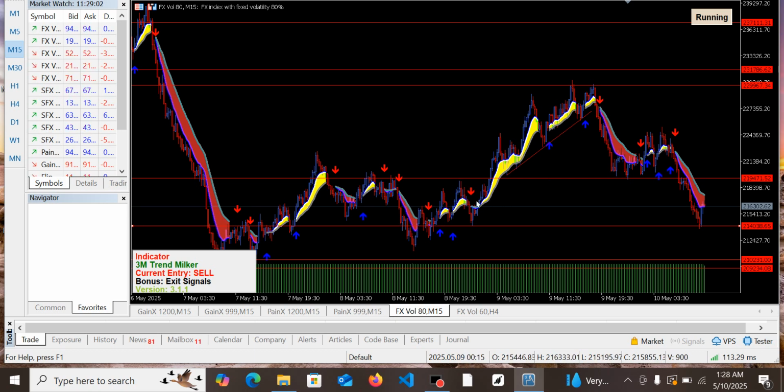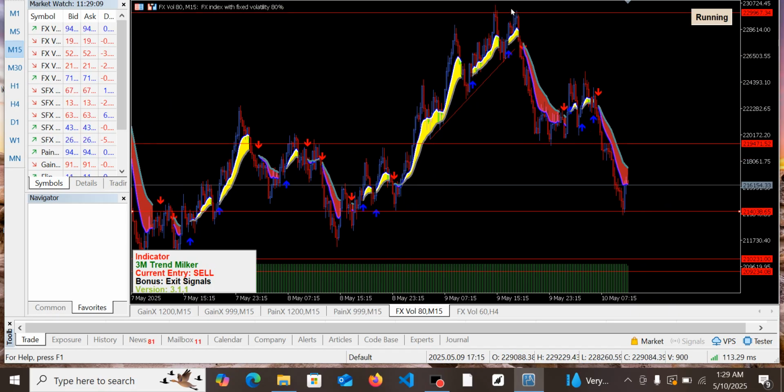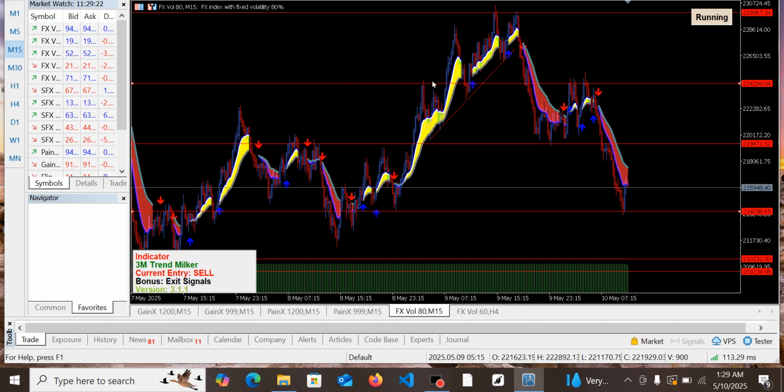So it was not stable at the beginning, but it later on broke out from here and it went on fully buy trend, and it got to this resistance zone. So I have been following up with this for a while. I actually expected it to get to this region and go back into a downtrend.